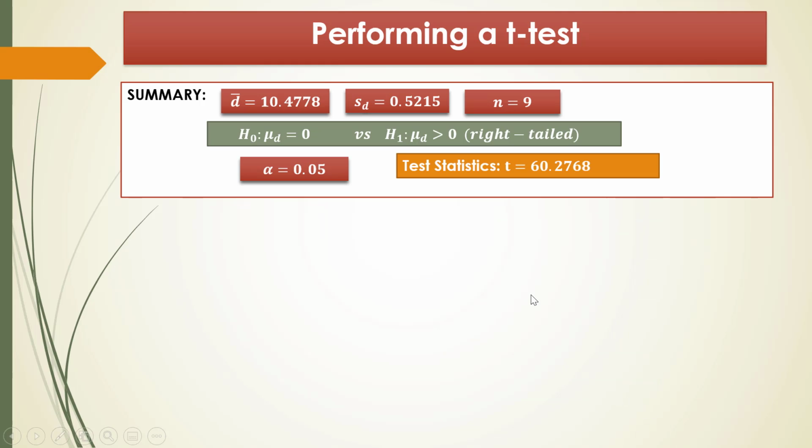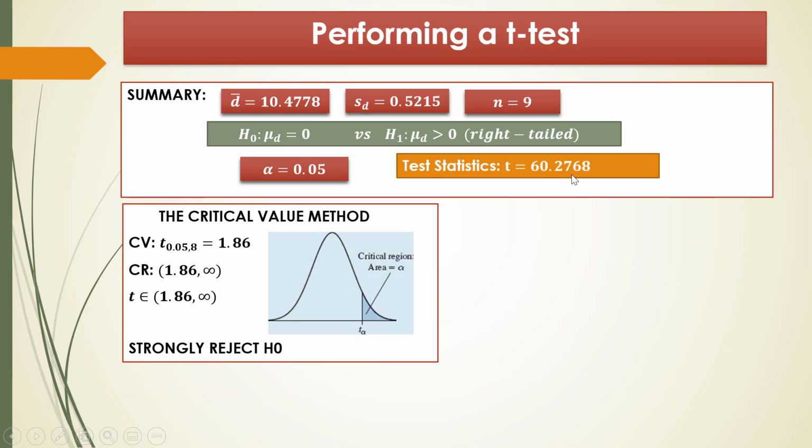Using the formula of the test statistic, t is equal to d bar subtract mu d over sd over square root of n. Here mu d is assumed to be 0. So the test statistic t is equal to 60.2768. And for the critical value method, the critical value should be t 0.05. Here the degrees of freedom is 8, it's just 9 subtract 1. This is a right tail test, so the critical value should be positive.